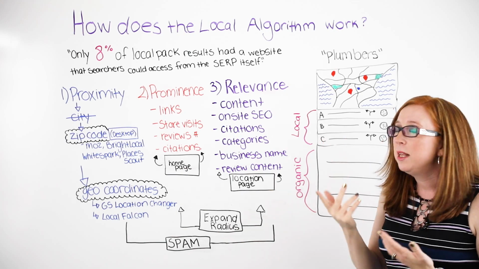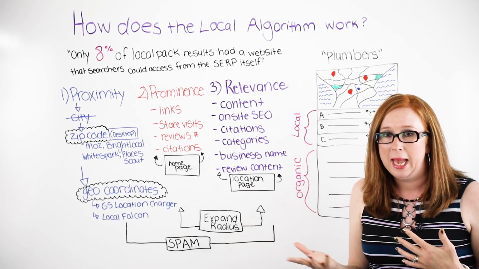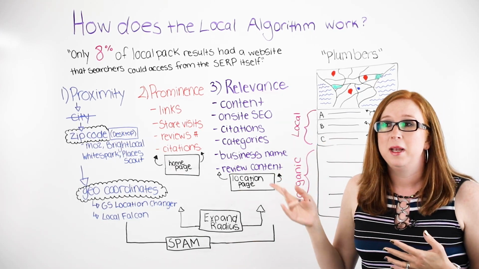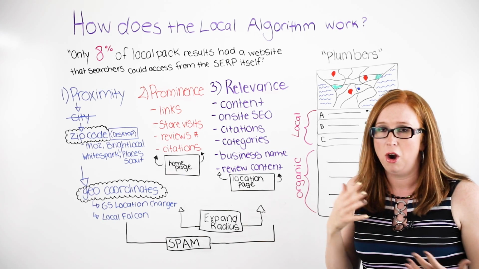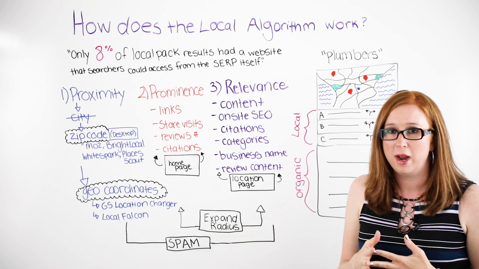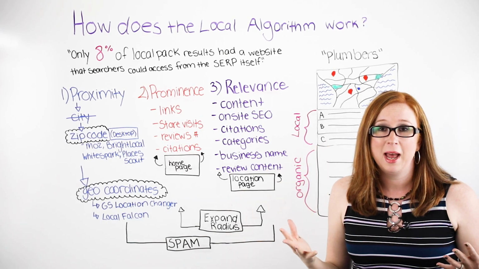On the relevance end, it looks at things like content, on-site SEO, so your title tags, your meta tags, all that nice SEO stuff. Citations also factor in here because it looks at things like your address, like are you actually in this city? Are you relevant to the city that the user is trying to get locations from? Categories are huge here. Your Google My Business categories.